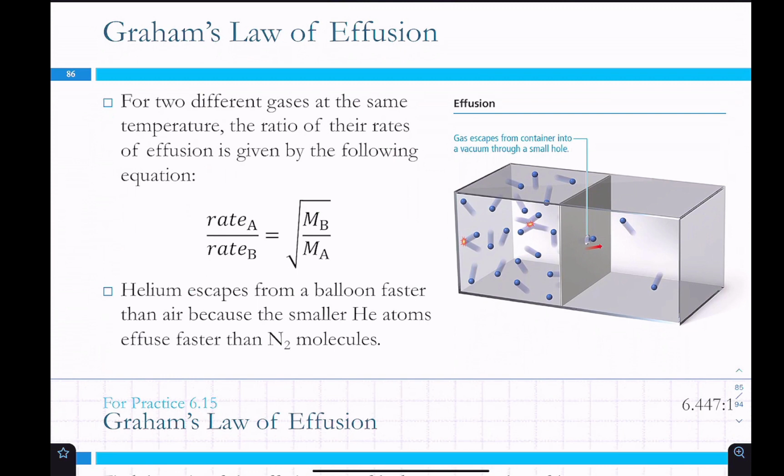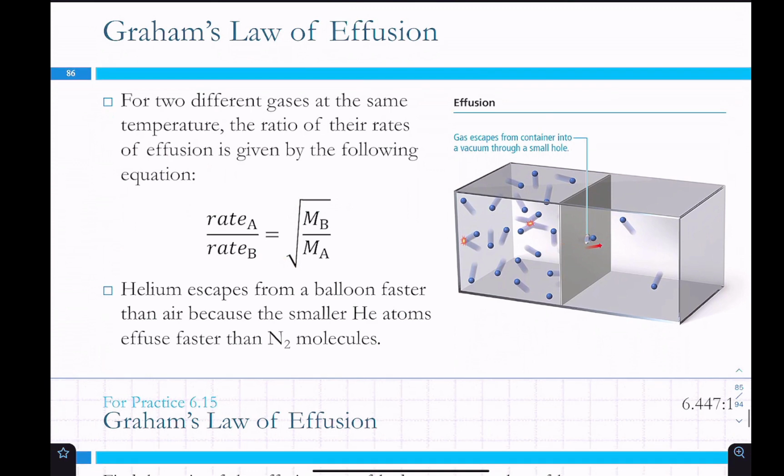The rate at which they effuse or pass through this hole is going to be the square root of the ratio of their molar mass. So we could take the molar mass of helium, which would be 4.00. Let me do it this way, the larger one on top. So we have 4.00, that's helium on the bottom, and then nitrogen N2 on the top, which is going to be 28.02.